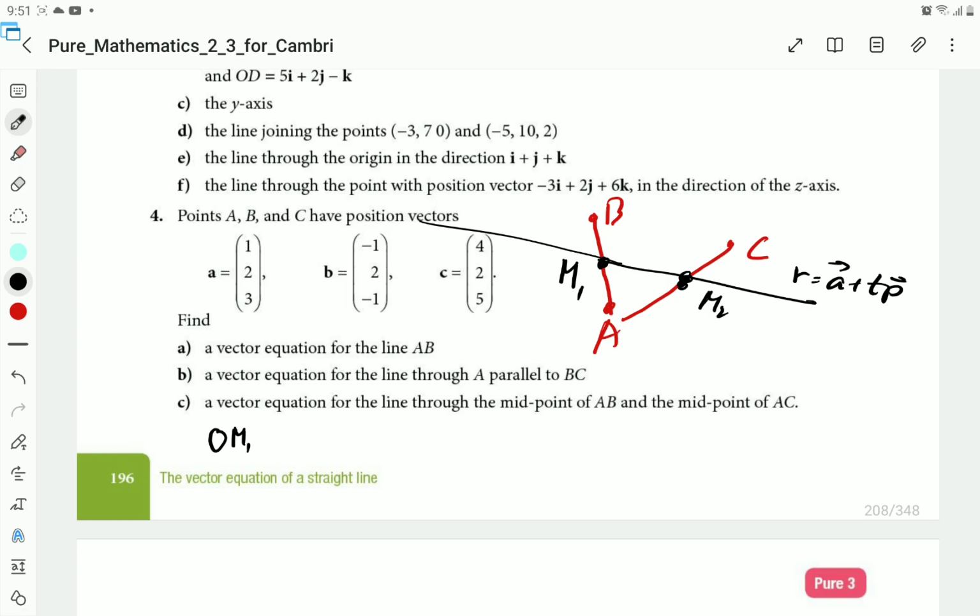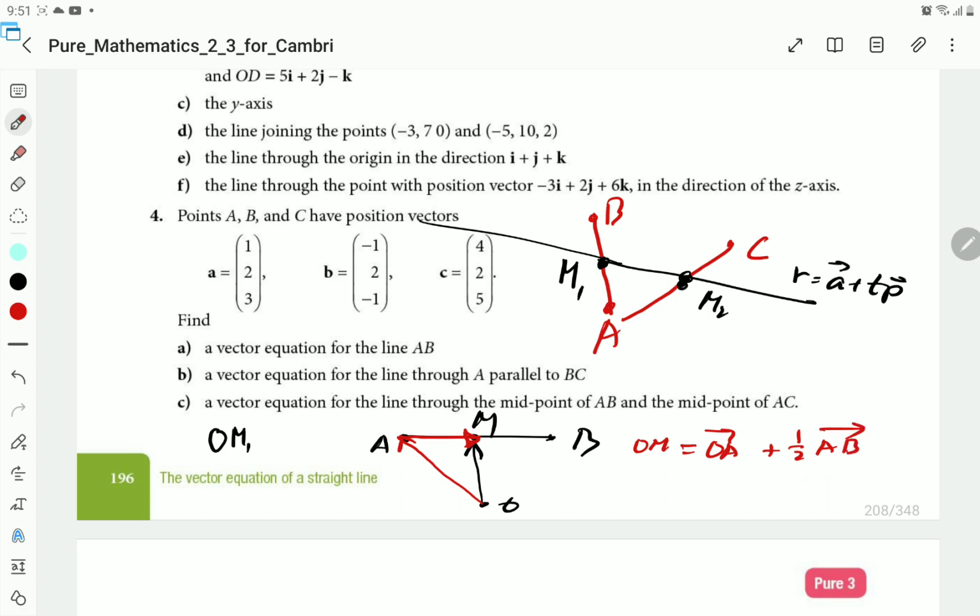Just for you to be able to visualize it, let's just focus on A and B. That is the origin, and that is your M. So you want to go to OM, but there's no way directly from O to M, so you're going to go to OA plus this one here, which is equal to OM. OM is equal to OA plus 1/2 of AB.